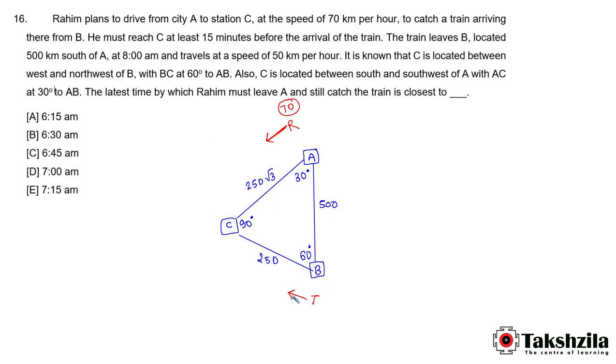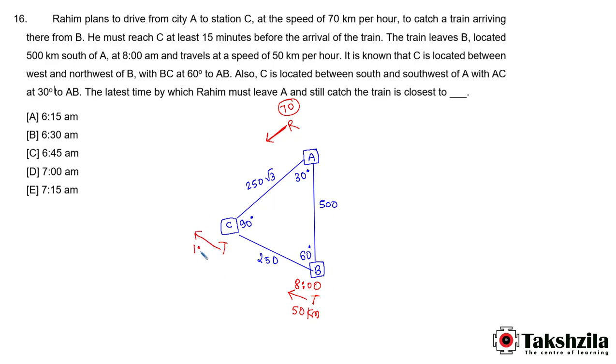Train starts at 8 o'clock with a speed 50 km per hour. It means train will be over here after 5 hours, 250 divided by 50, that is 5 hours after 8 o'clock.